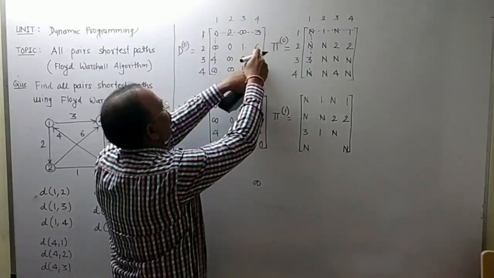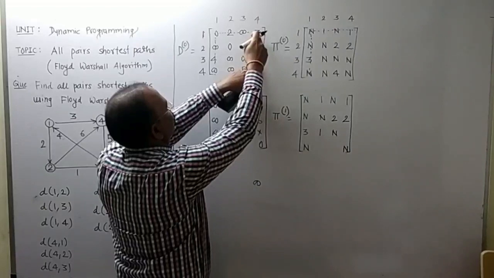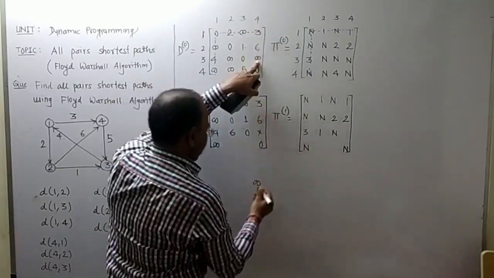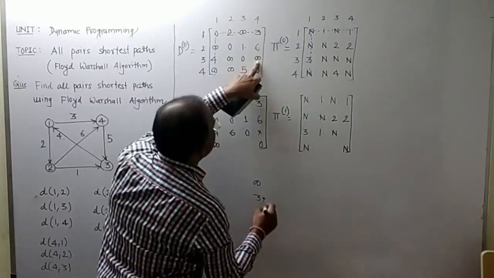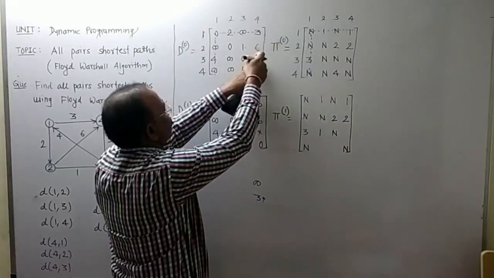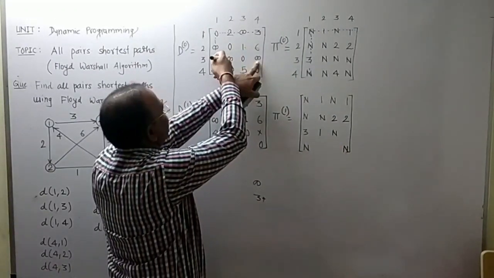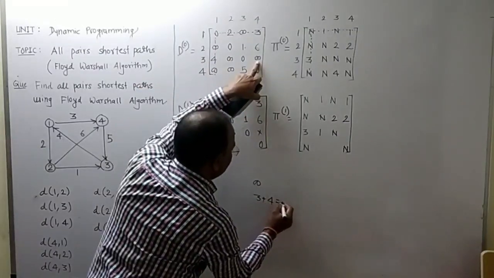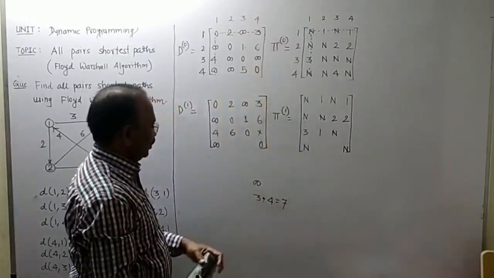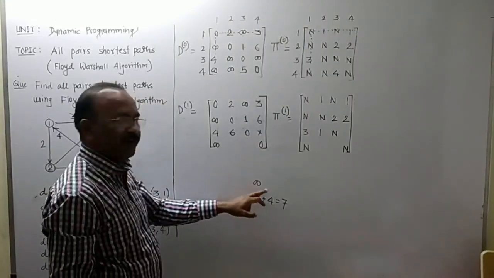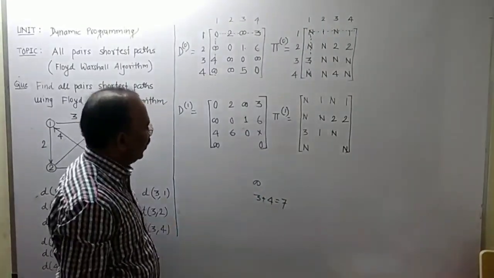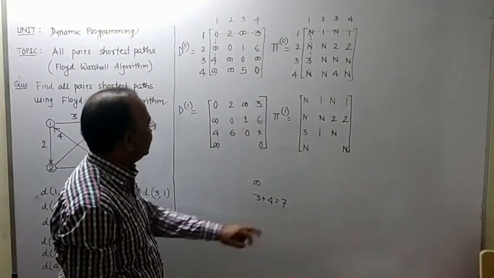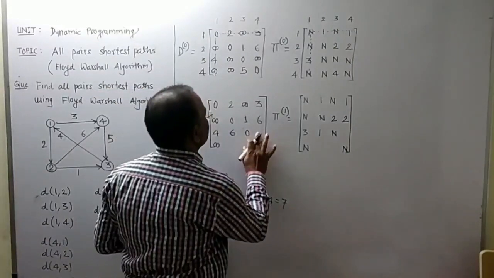From this travel upside so that we touch the horizontal line, 3, plus from the same place travel left side so that we touch the vertical line, value is 4. We get 7. In this way we have got two values, infinity and 7. Minimum is the 7. So write here the 7.